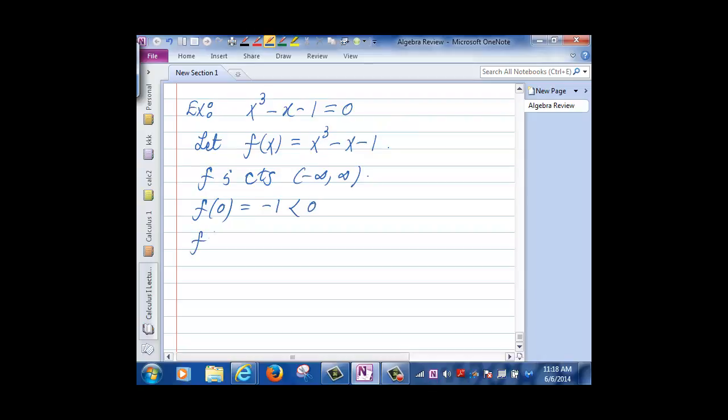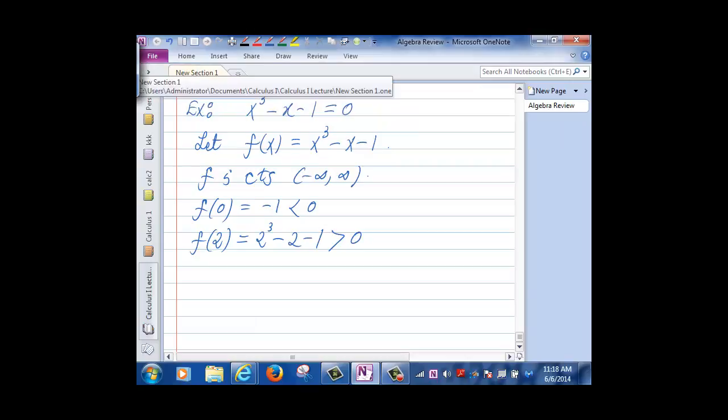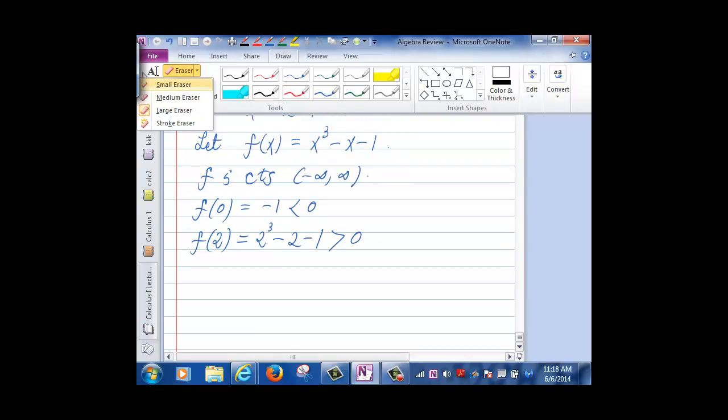Can you give me a value of x for which f would be positive? How about 2? What is f of 2? It's 2 cubed minus 2 minus 1, which is positive. Everybody's okay?